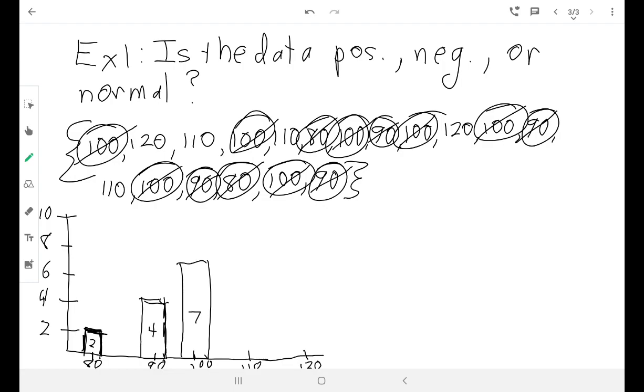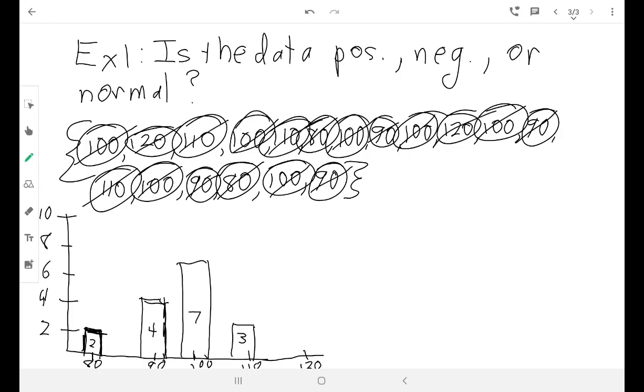So 7 100s, and then the 110s. 1, 2, 3, just 3 110s. So 3 110s. And then finally the 120s, and there's 1, 2 of those. So I didn't cross off my 110s. So 2 120s there.